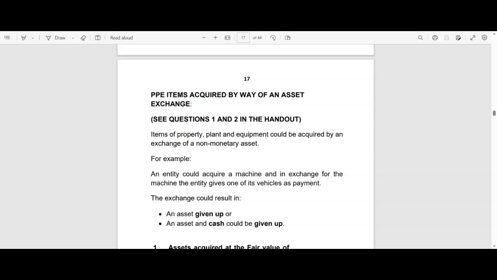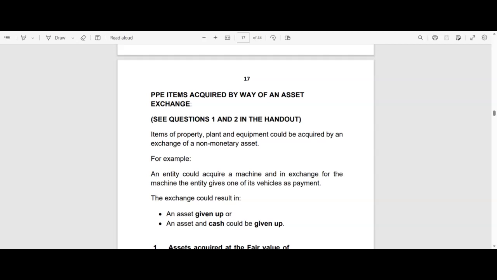Okay, so really, in effect, ladies and gentlemen, let's assume our depreciation on our old motor vehicle. Now we're not a private person anymore; we're now a business. So our depreciation on our motor vehicle is up to date, because that is the first thing that you must ensure: that your depreciation is up to date until the very day that you are going to use it as a trade-in.